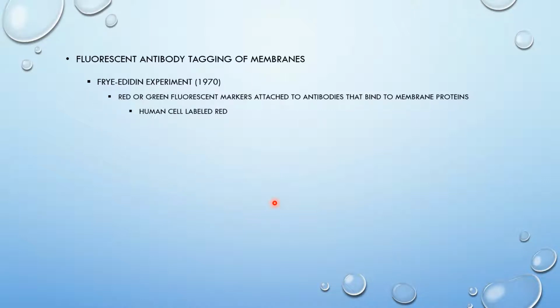The antibodies of human cells were labeled red, and the antibodies of mouse cells were labeled green. A human cell and a mouse cell were fused together, and the markers, red and green, were initially separated. So let's say a cell looked like that: the red antibodies were all here, and the green antibodies were all there.